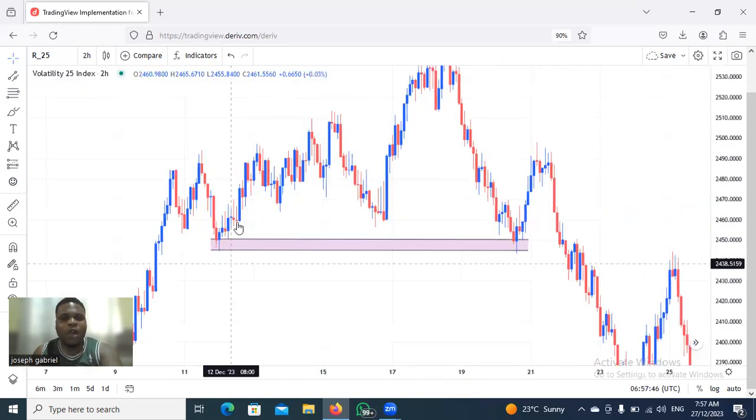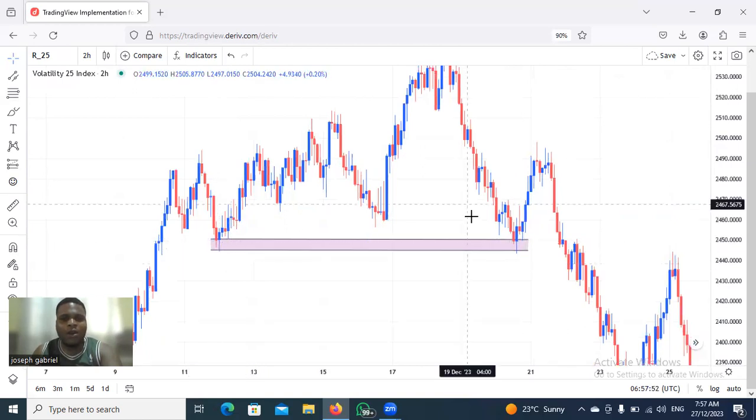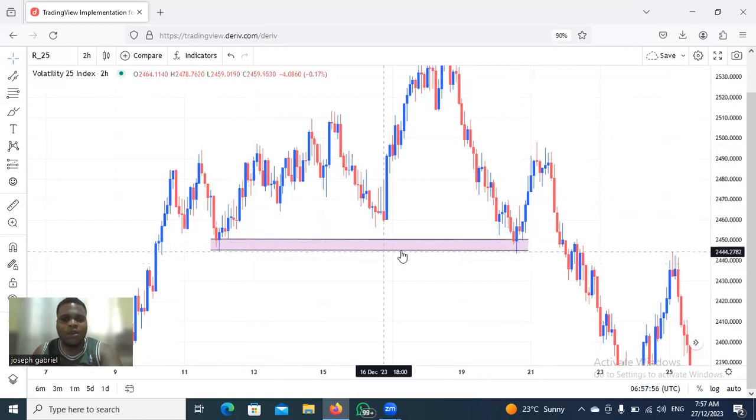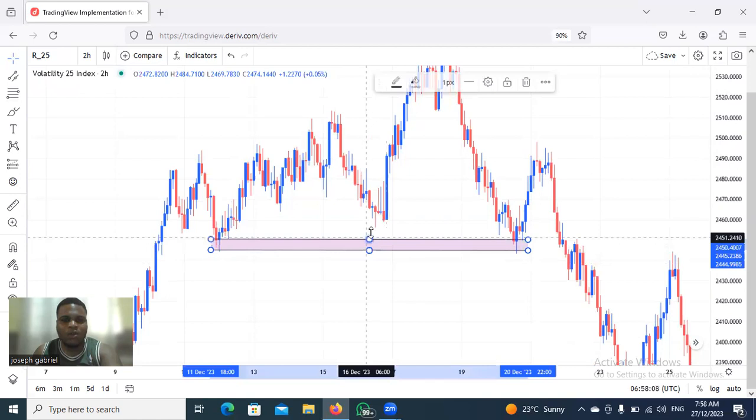In other words, we can see that buyers are here already. We have some buy orders resting around this zone or key level here. Let me draw this because it's a zone.